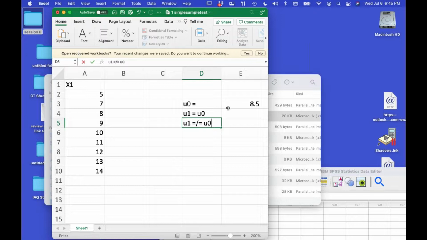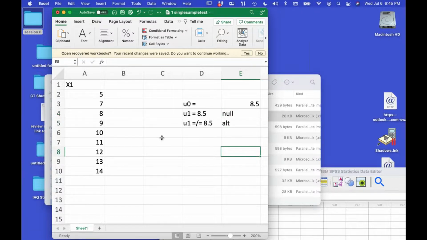Since I know that mu0 is 8.5, instead of putting mu0 in here, I could just put in 8.5. So is it equal to 8.5 or not equal to 8.5? Either way is a good way for me to describe the null and alternative hypothesis. This is my null, and this is my alternative hypothesis.